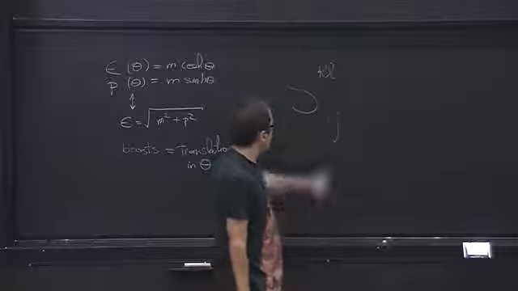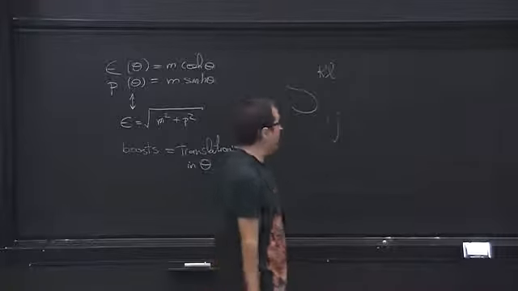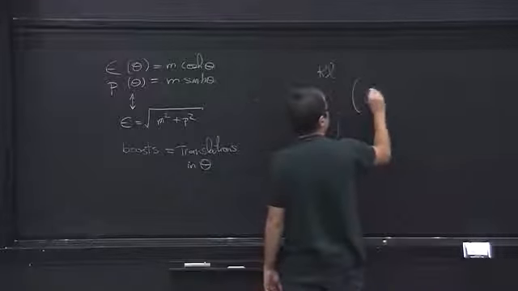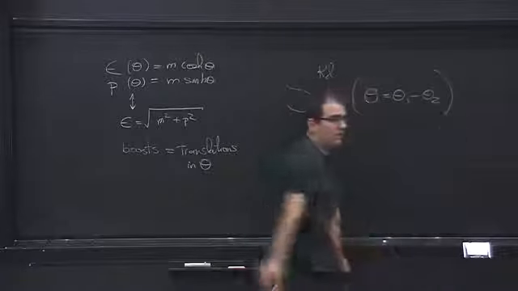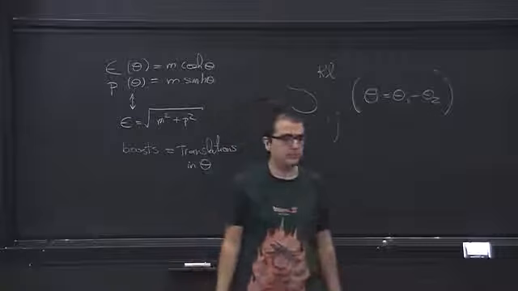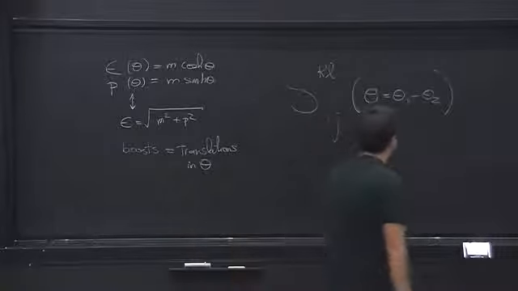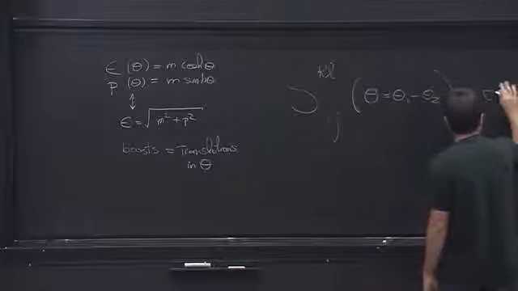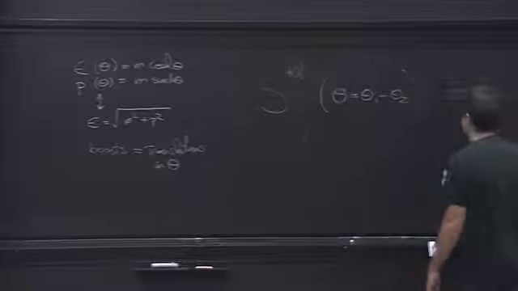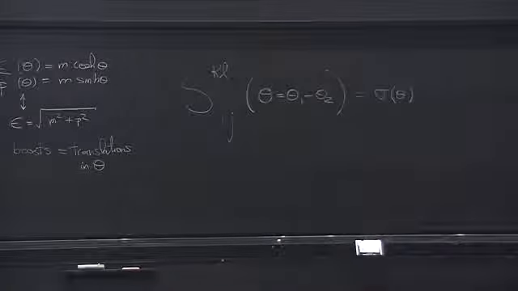And what do we know about this theory? Well, we know it's Lorentz invariant, so it only depends on theta 1 minus theta 2. That's great. It's a function of one variable. We can say that it's equal to some function, sigma of theta, theta being the difference of the two rapidities.